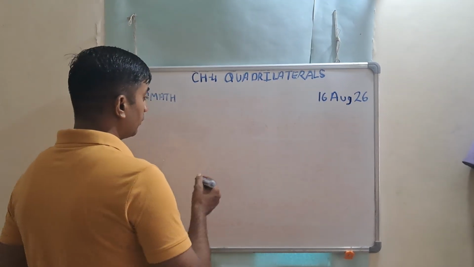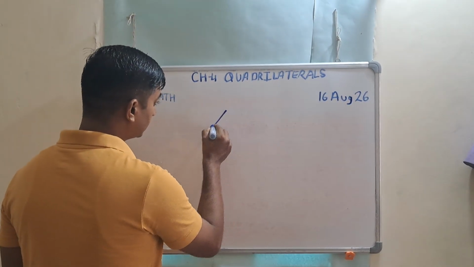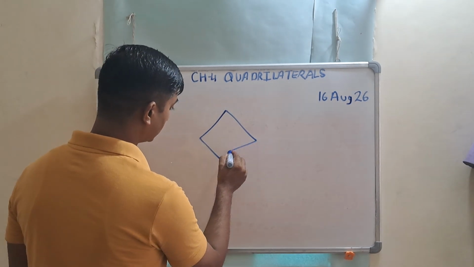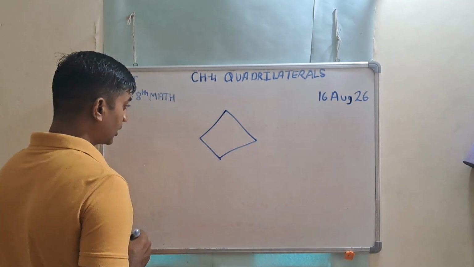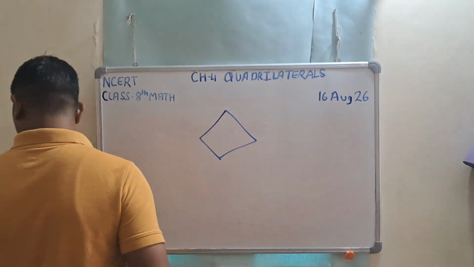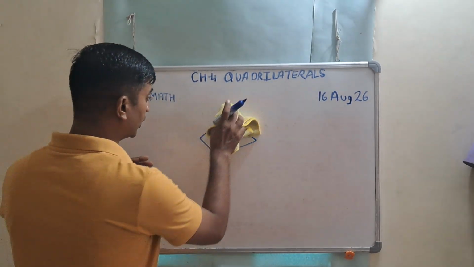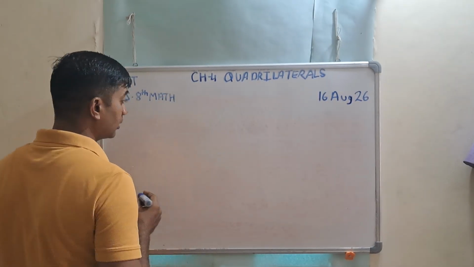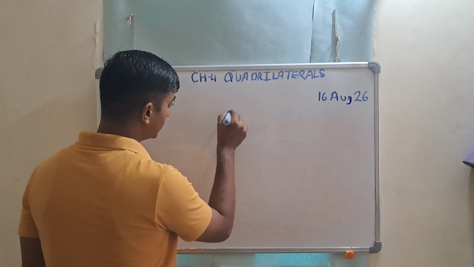See, what we have seen in the rhombus, that all the sides are equal and parallel. This is the condition which we have seen in the rhombus.